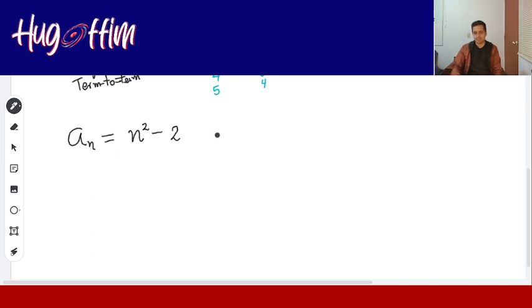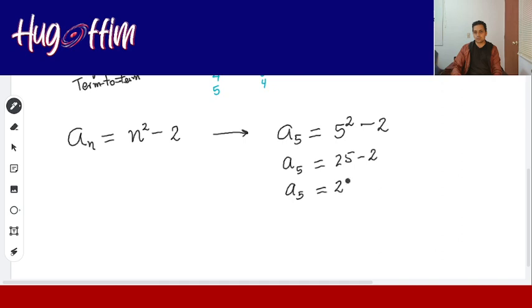Let's see, for example, here I want to determine what is the term a sub 5, the fifth term. So if I want to get the fifth term, I just need to replace n by 5 and simplify, like you do with functions. So in this case it will be 25 minus 2 to get 23.